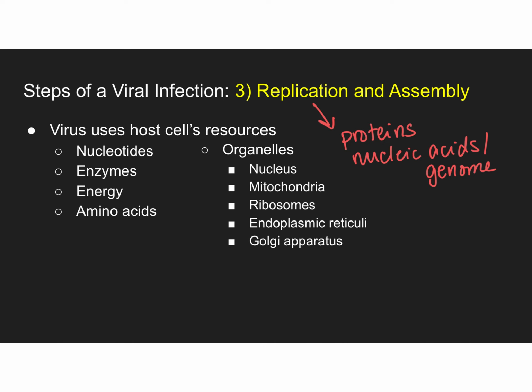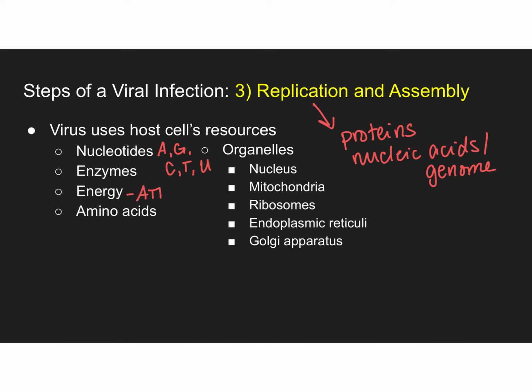So it's going to use free nucleotides in order to make the genome. So remember, our nucleotides are things like adenine, guanine, cytosine, thymine, and if it's RNA, we have uracil instead of thymine. The virus is also going to use the host cell's enzymes. It needs those enzymes to make ATP, which is the energy part here.